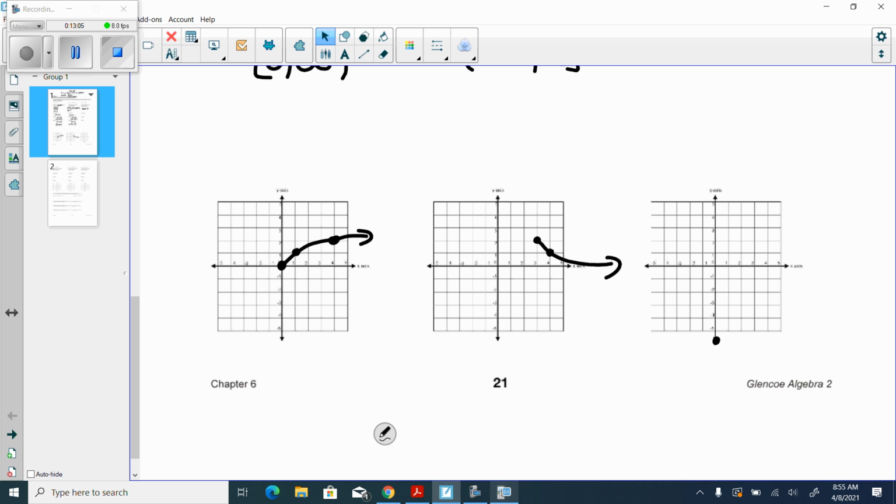So for that first one, I should go up 1 and over 1. And then for the next one, I'm going to go over to 4, but up 2 places, right? So 1, 2. Sorry, I went up too many. All right, and then we connect it. It's going to look something along these lines, all right?